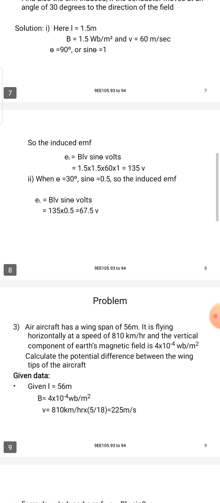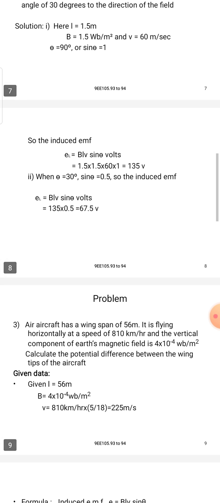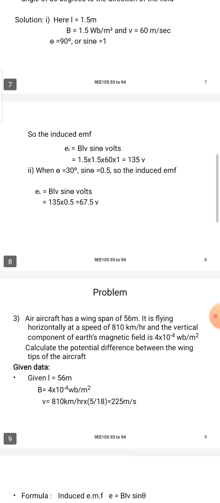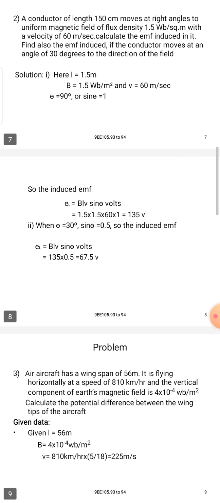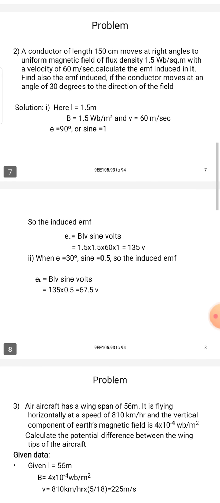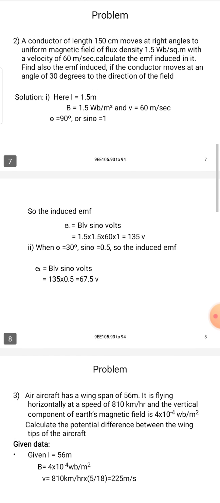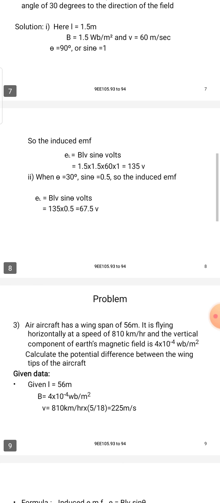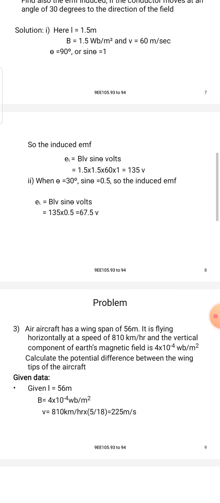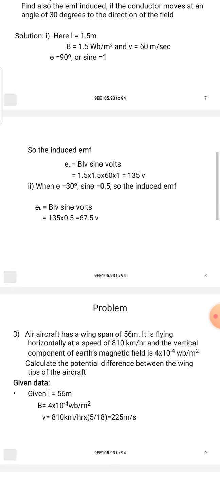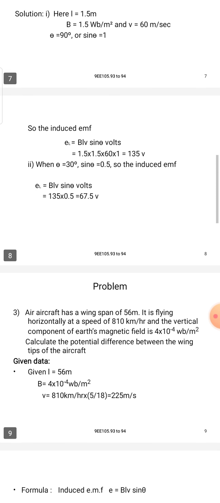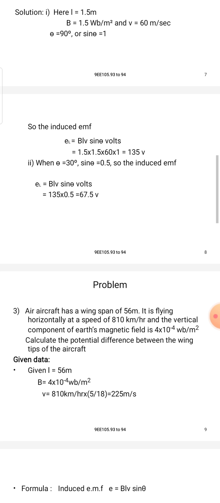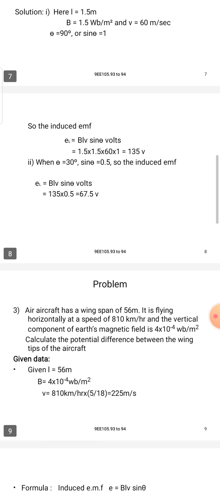When the angle with the direction of the magnetic field is 30 degrees, that is theta is 30 degrees, sin 30 is 0.5. So the induced EMF at an angle of 30 degrees is equal to B L V sin 30.